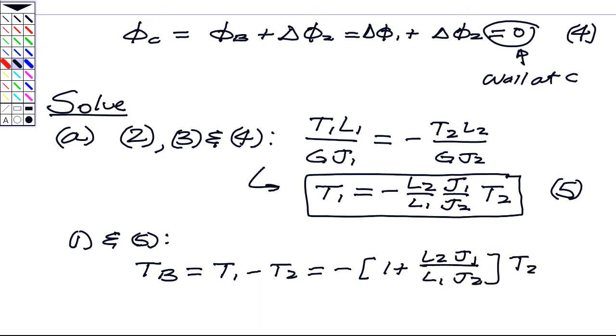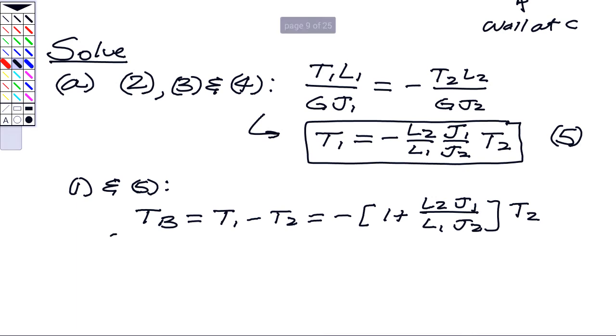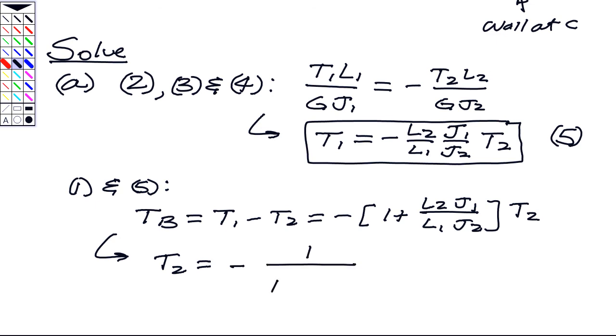So this gives us one equation and one unknown. We solve for the torque that's carried by segment 2. So this becomes T2 equals minus 1 over 1 plus L2J1 divided by L1J2, that ratio, times the applied torque TB.